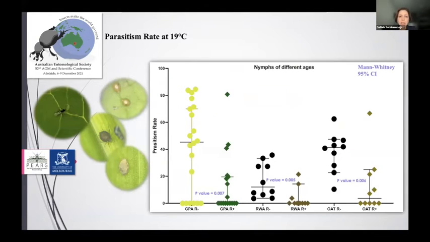To check the parasitism rate of these two parasitoids, for the first experiment, we used nymphs of different ages for all three species of aphid that we had. And you can see that there was a significant effect of Rickettsia, and it had a protective effect against the parasitoids.